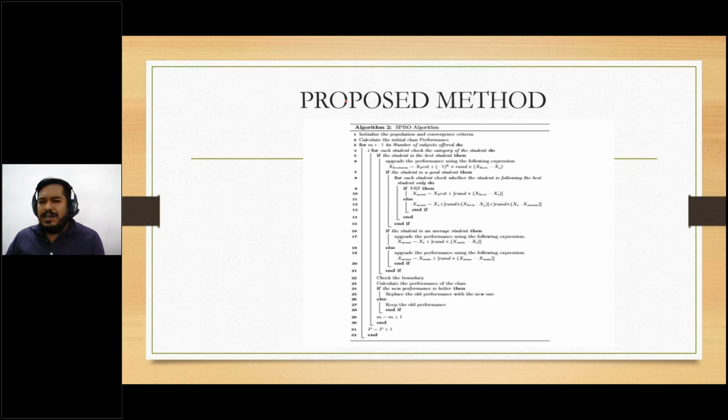I have already explained the concept of translation and rotation. In total, two parameters are there for translation and one parameter for rotation. For the two translation parameters, x and y, and for rotation one parameter called theta.